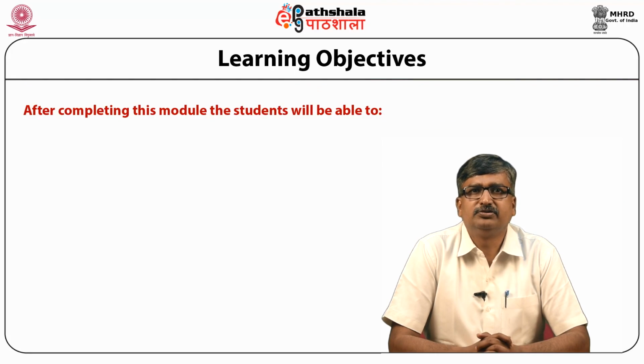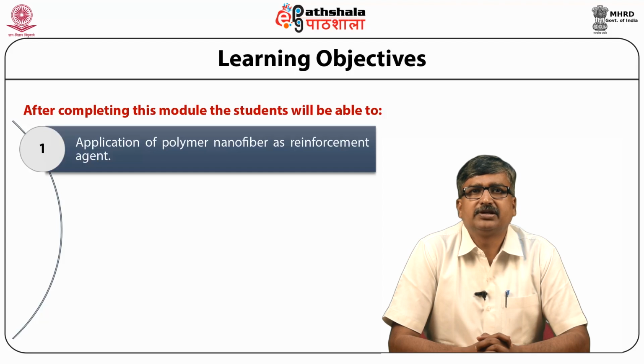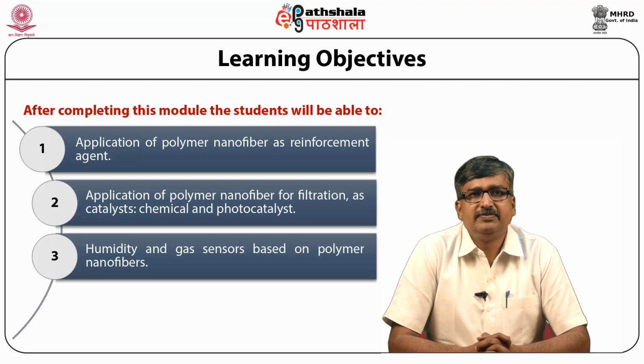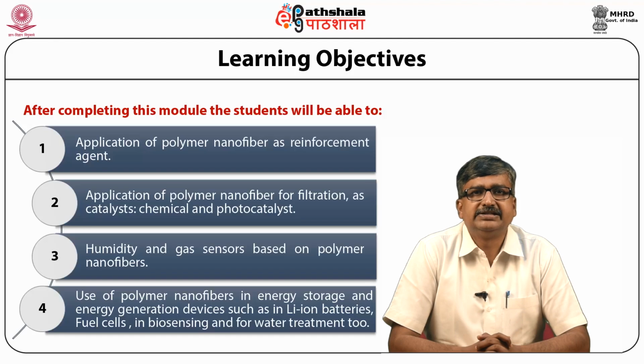After completing this module, you will be able to learn applications of polymer nanofibers as reinforcement agent, application of polymer nanofiber for filtration, as a catalyst, chemical and photocatalyst, humidity and gas sensor, use of polymer nanofiber in energy storage and energy generation devices such as lithium-ion battery, fuel cell, in biosensing and water treatment too.